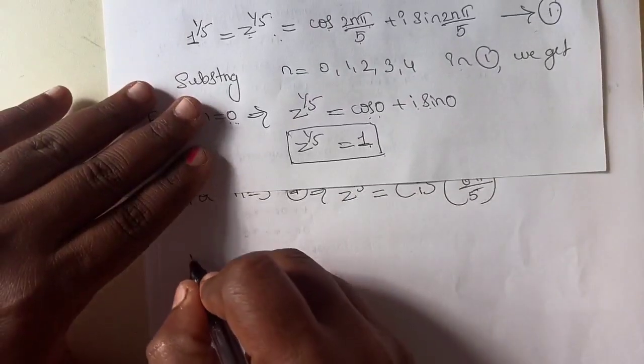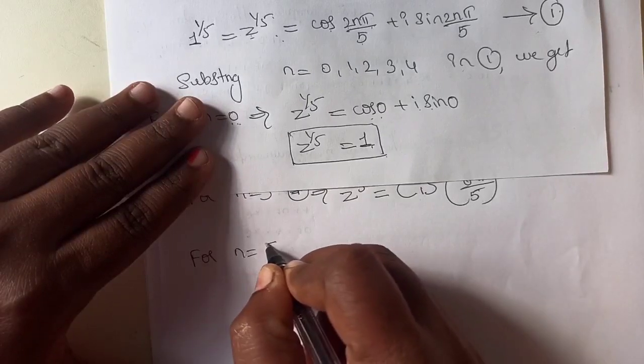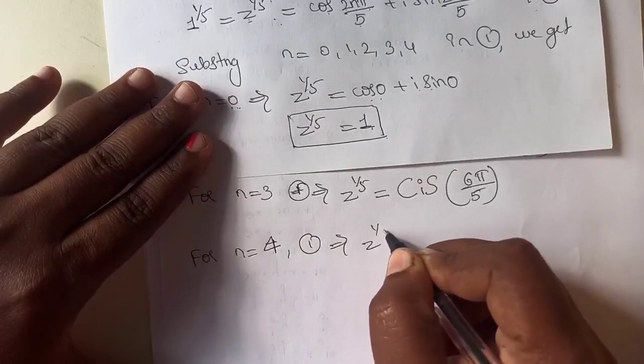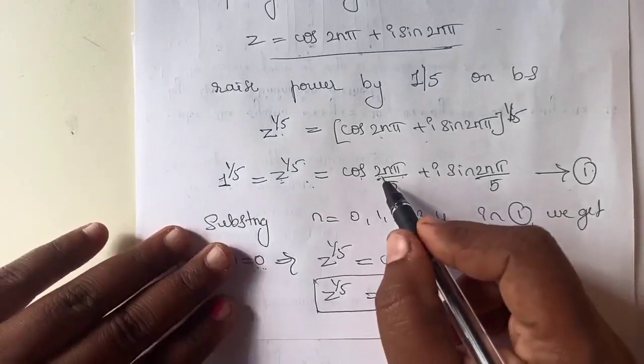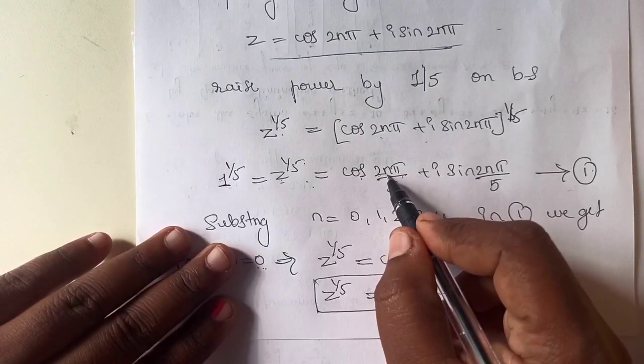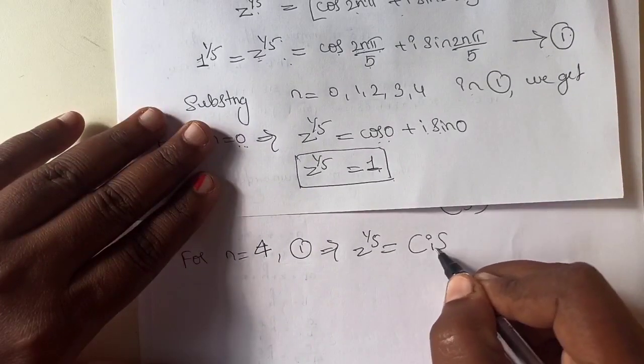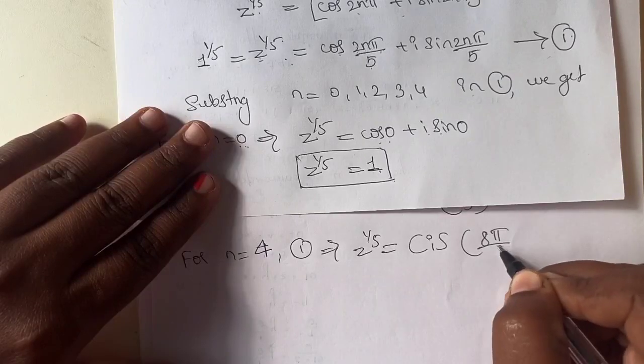Next, for n equals 4, 2 into 4 is 8, so we get cis 8 pi by 5.